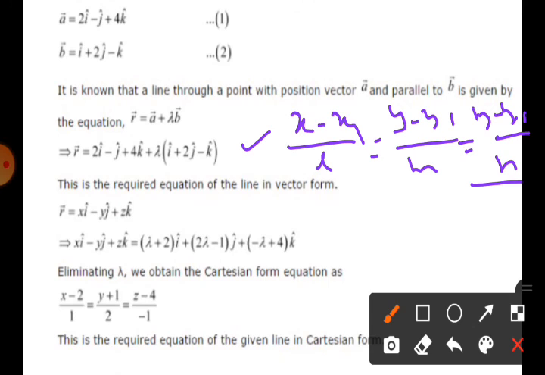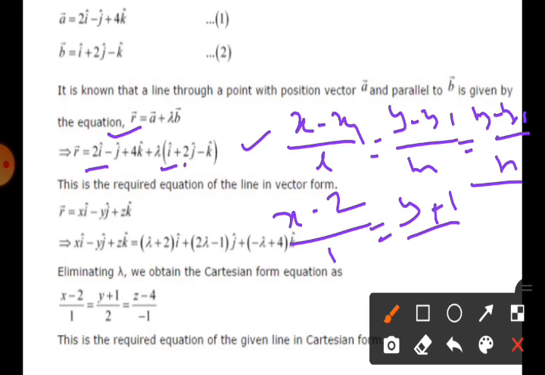Now put the values. x minus 2 by l, the coefficient of i cap is 1, is equal to y minus y1, which is minus 1, so y plus 1 by m, which is 2, is equal to z minus z1, which is 4, so z minus 4 by n, where n is minus 1.